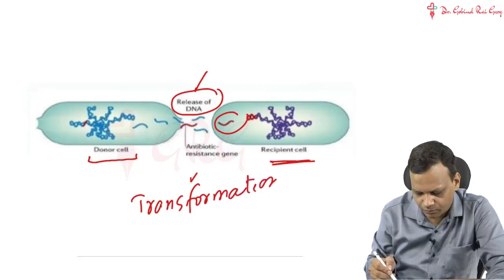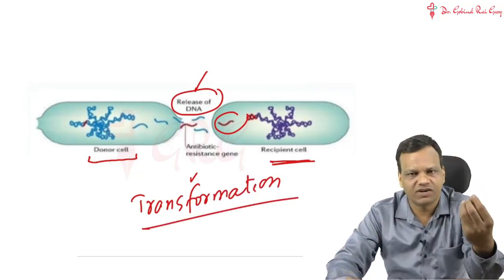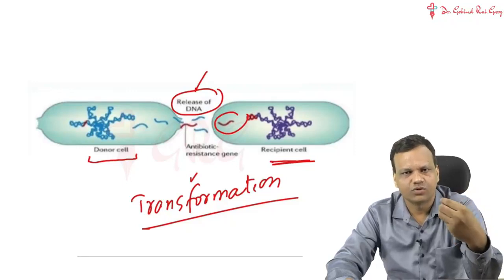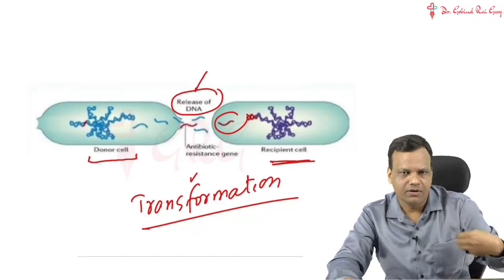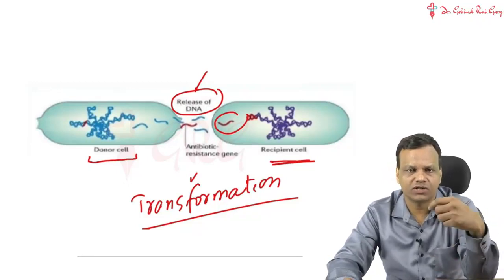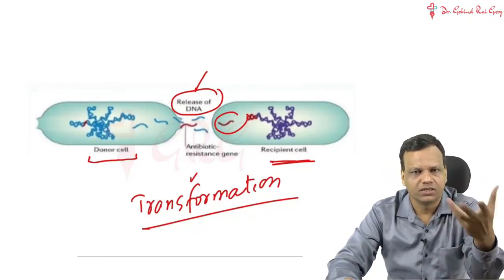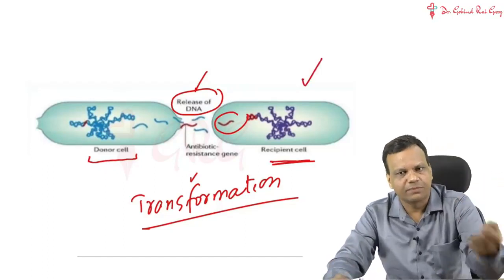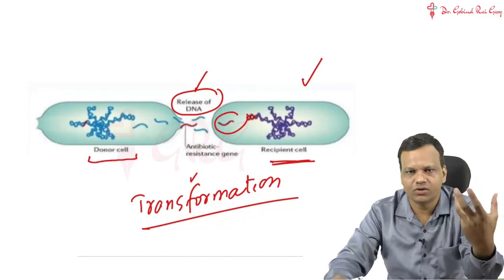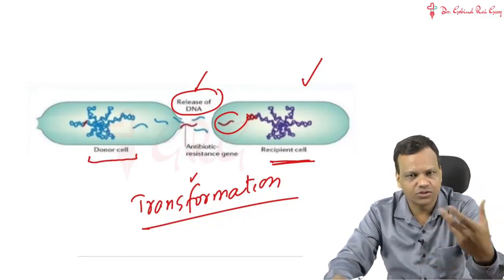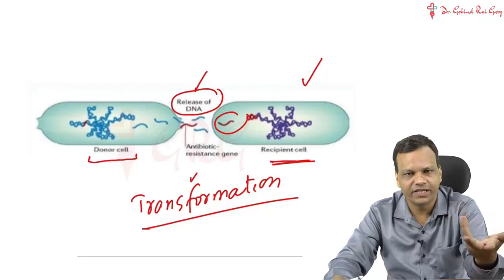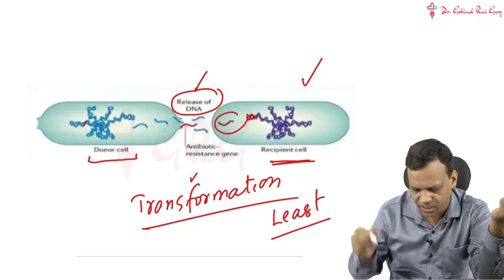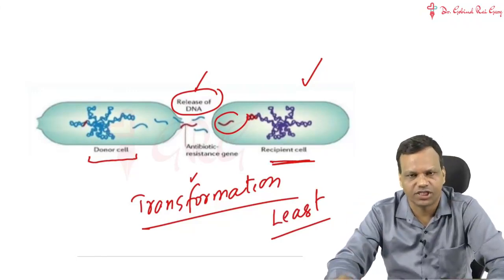You can assume a person had a 2000 rupees note in his pocket and suddenly dropped it on the road, and another person going along that road picked up the note. So that person became resistant also. As we know, we will not find these 2000 rupees notes every day. So transformation is the rarest, or least common, method of transfer of drug resistance.